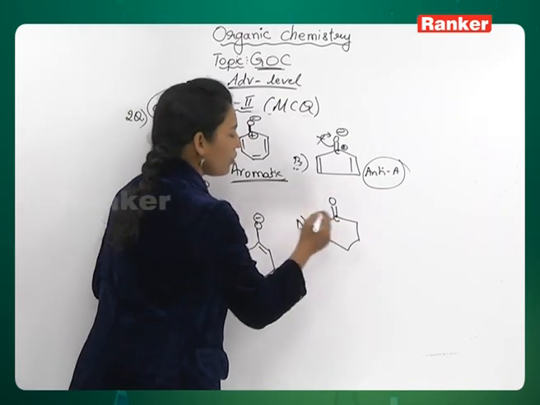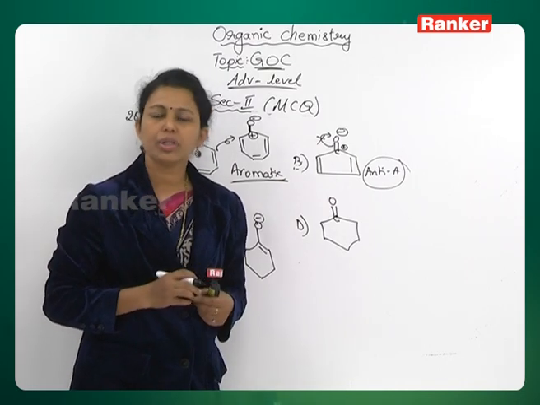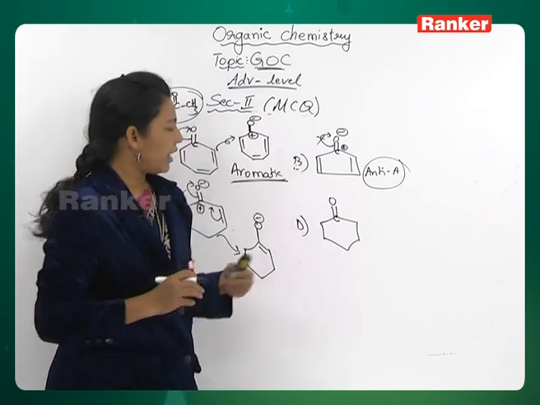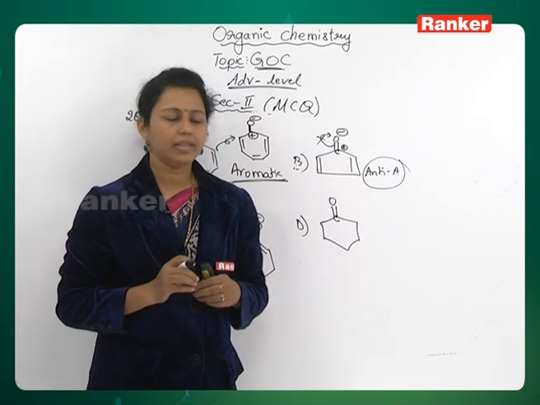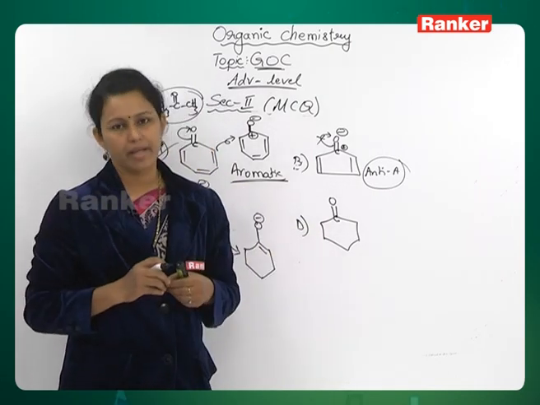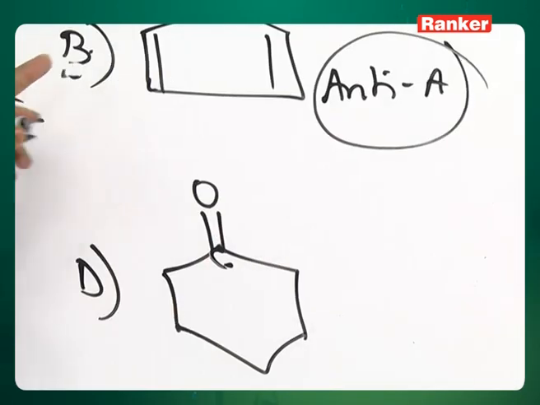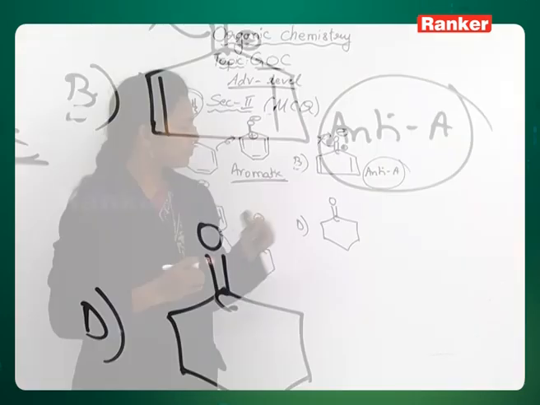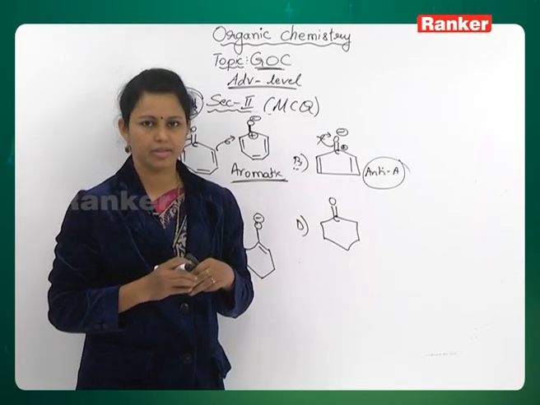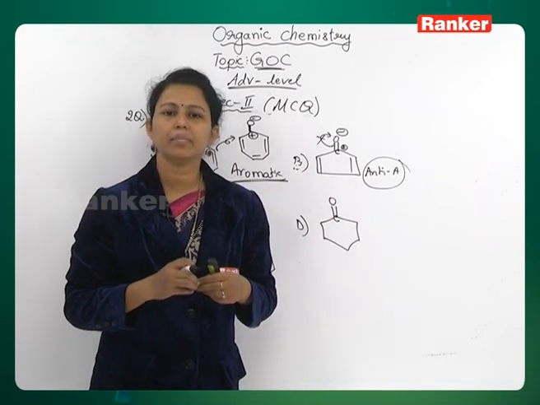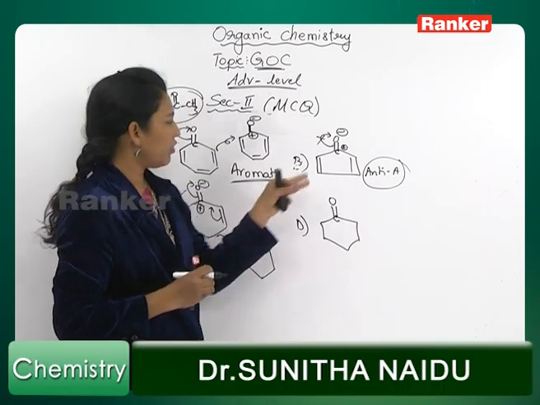Now if you observe the fourth option here, there is no chance of any resonance, because there is no conjugation system and there are no factors polarizing the compound, because it will not acquire any aromatic nature. Hence this compound will remain as it is. So option B remains as it is and option D remains as it is, because in option D, if it shows polarization, it will convert into the least stable anti-aromatic compound, so it will prevent the polarization.